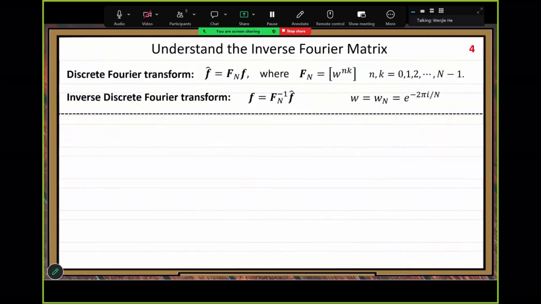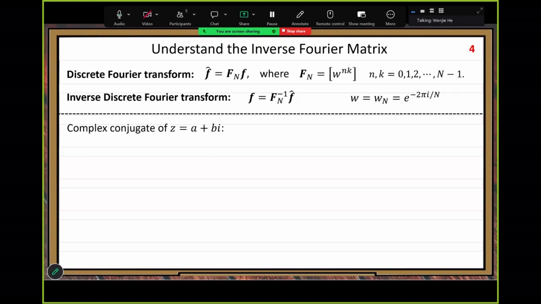Now, understanding the inverse of the Fourier matrix. This time, we want to get more information about the matrix inverse. But we need to have some basic knowledge of complex numbers, so here I just review a little bit.